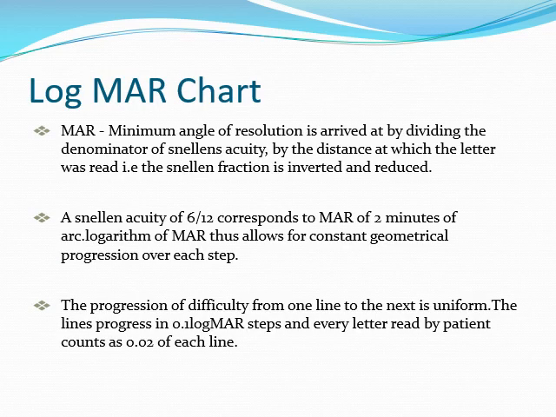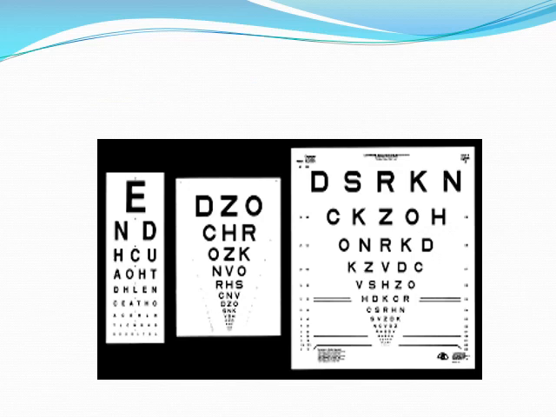Coming to the logMAR chart. In logMAR, MAR means minimum angle of resolution, and it is arrived at by dividing the denominator of Snellen's acuity by the distance at which the letter was read, that is, Snellen fraction is inverted and reduced. So here are the logMAR charts.